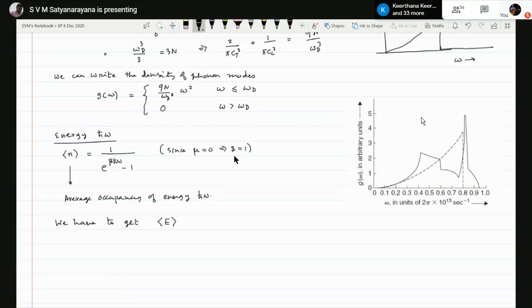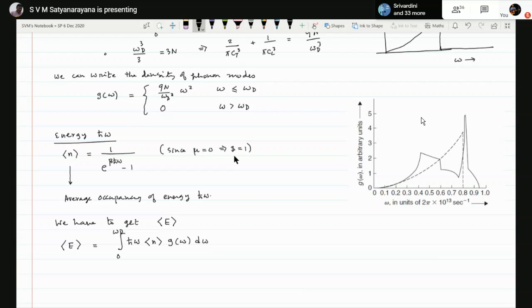Of course, average energy in this case is easy to write down. You have h bar omega, this is the energy, and the average number of particles, but then I have to integrate this over all these frequencies. That integration is done by using g of omega d omega, and I integrate this from 0 to omega d, because beyond omega d, g of omega is 0 anyway.